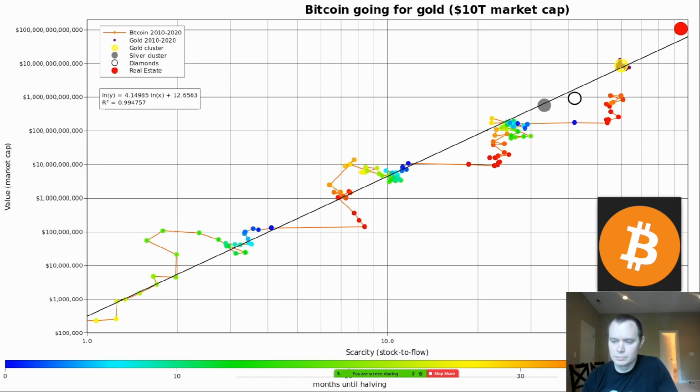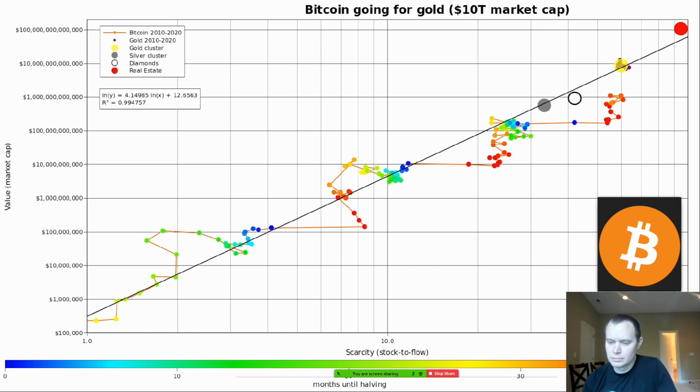Stock to flow is a measure of scarcity, and it's used to compare markets, for example, gold, silver, palladium, platinum markets. So I thought, Saifedean already did that. He put Bitcoin next to all those markets and compared those commodities basically in stock to flow terms.